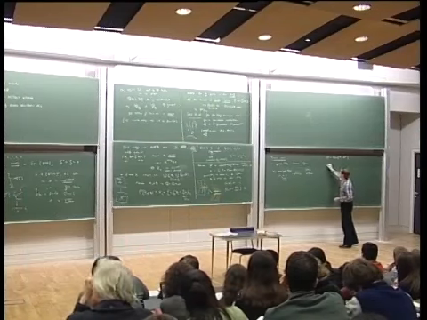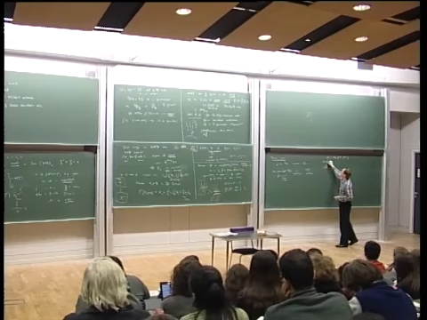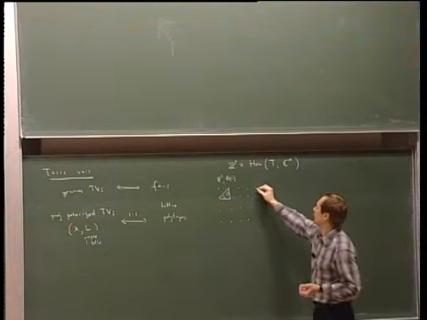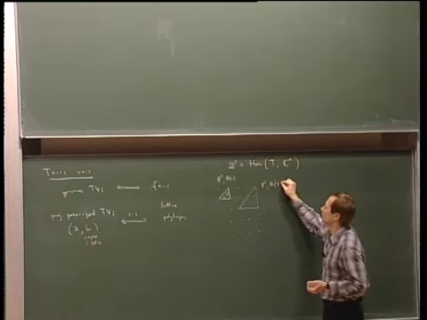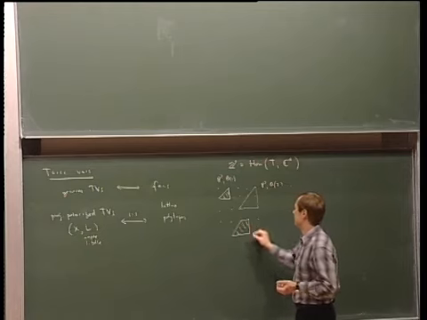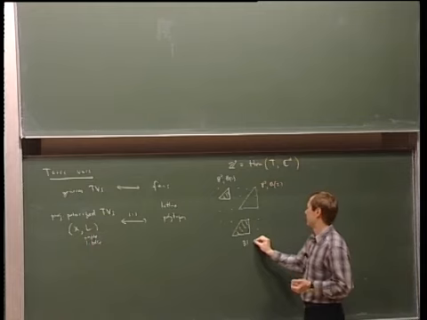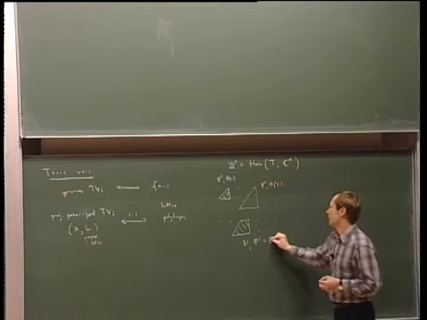For example, this is P2 with O(1), and this is P2 with O(2), and maybe this is a blow up of P2 at one point, which is F1.